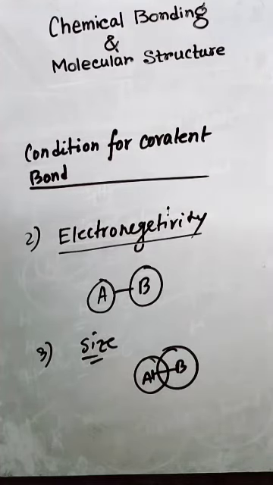And if the distance between two nuclei is shorter, then there is more attraction force between these two elements, and the strength of the covalent bond increases. So if size reduces, the strength of the covalent bond also increases. So this is the condition for covalent bond formation.